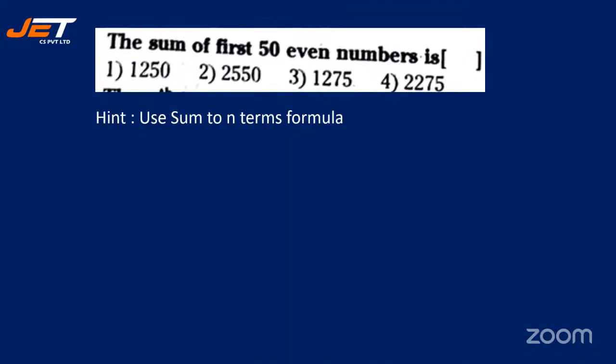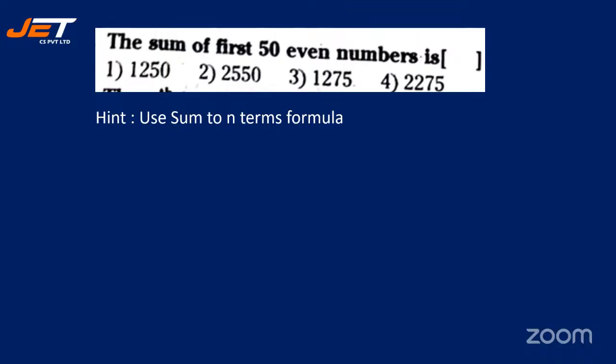The sum of first 50 even numbers is dash. So we use the sum to n terms formula.